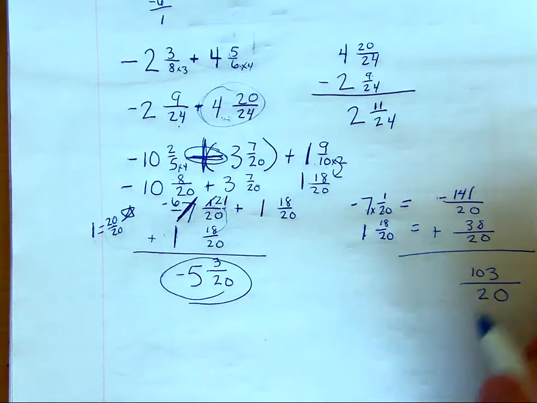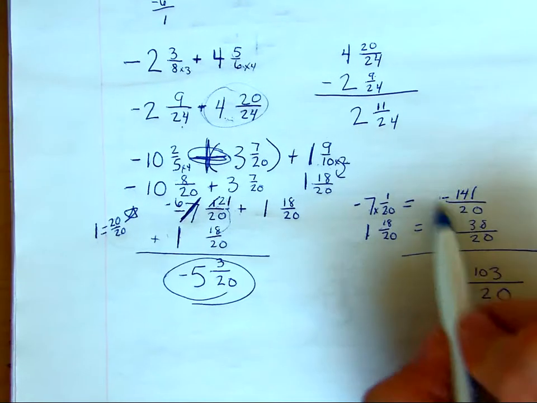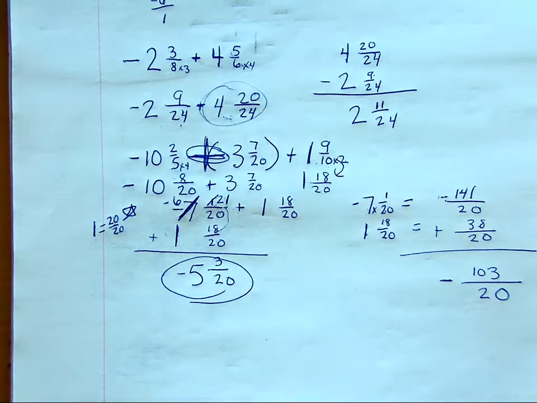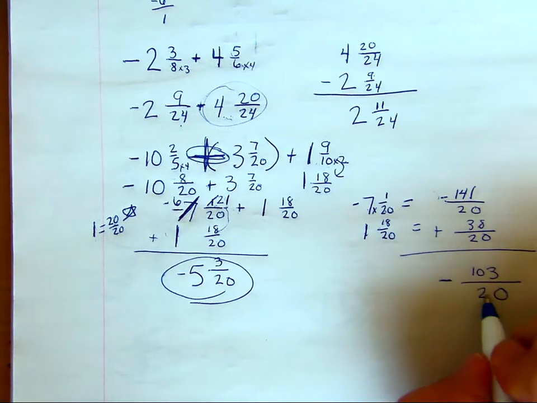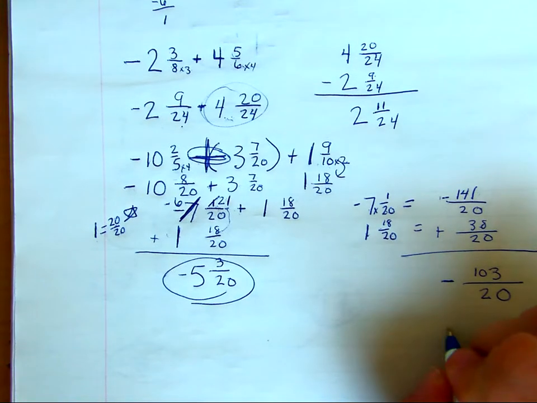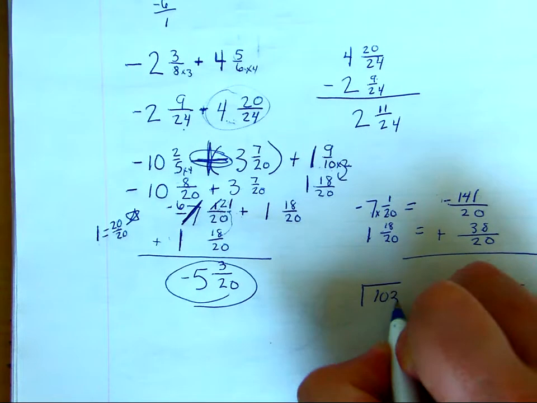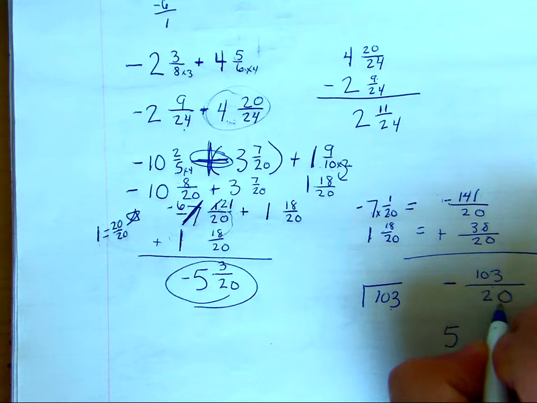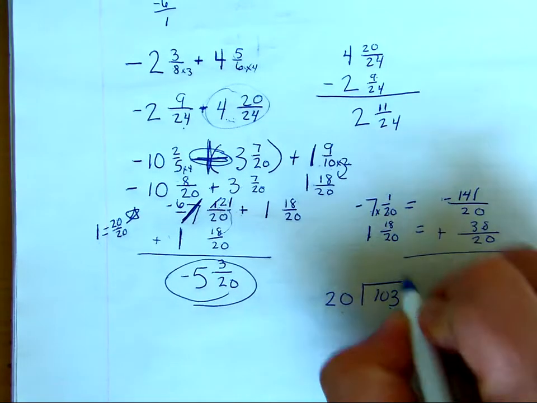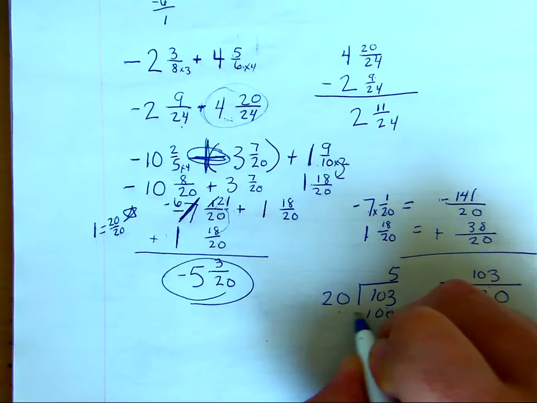Now my answer has to be a negative because I have more negatives, and you keep hearing me say that because you need to keep asking yourself that question: is it positive, is it negative? 20 goes into 103 5 times, and if I wasn't sure about that, I could set it up like this: 103 divided by 20. 20 goes in there 5 times, giving me 100.